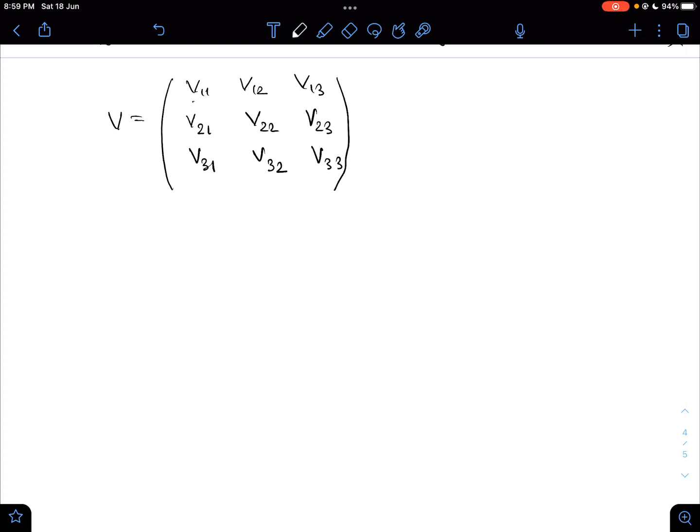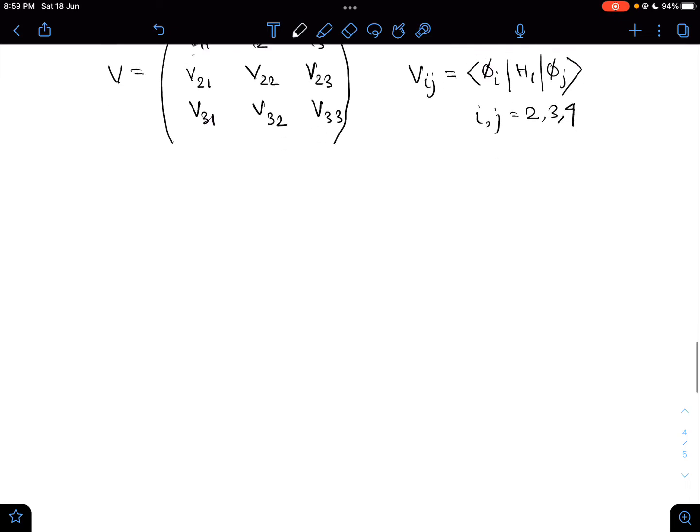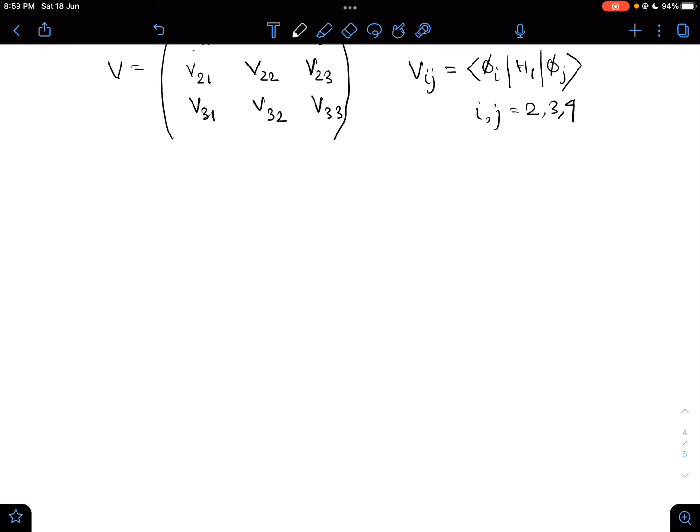Basically Vij is phi i H1 phi j, where i and j run from 2 to 4. Because our first state is non-degenerate, we are not including it here. Our second, third, and fourth states are degenerate, so we include them to calculate our degenerate perturbation theory. So let us first calculate V11.